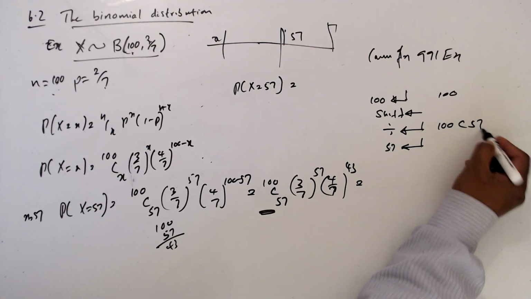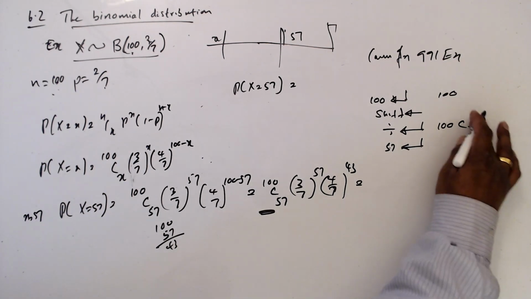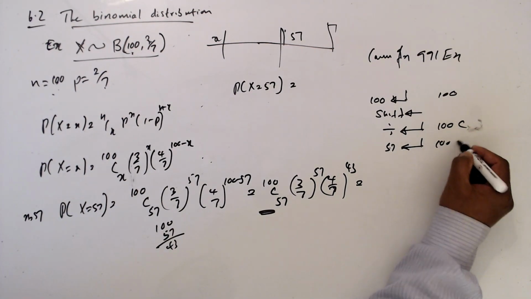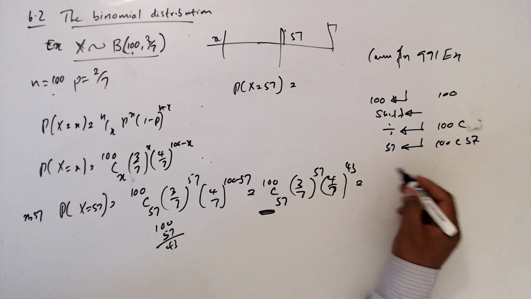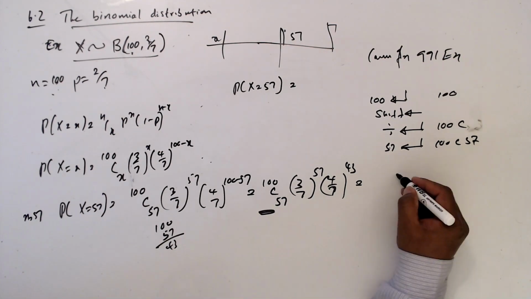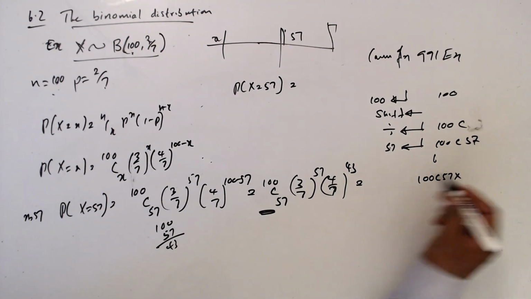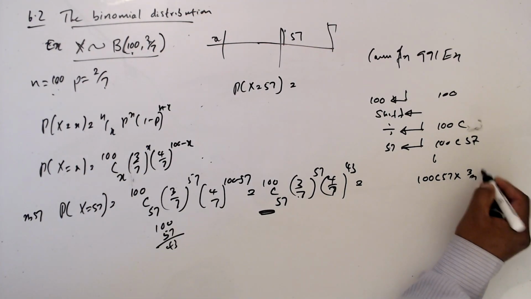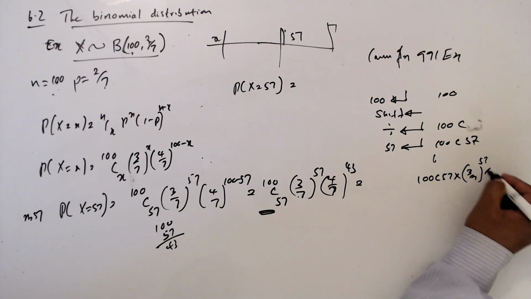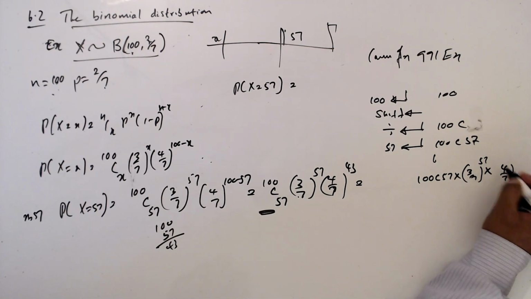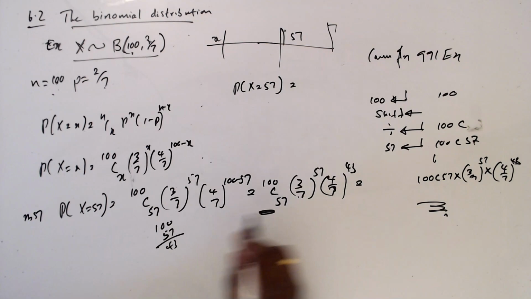Then you get 100C57. Then you have to write in normally: after that, 100C57 multiplied by 3 over 7 to the power 57, multiplied by 4 over 7 to the power 43. So you will get the answer.